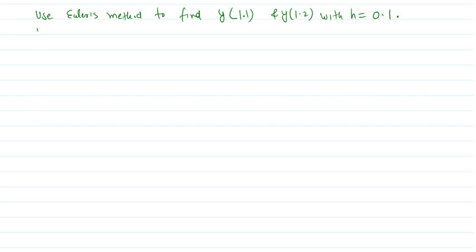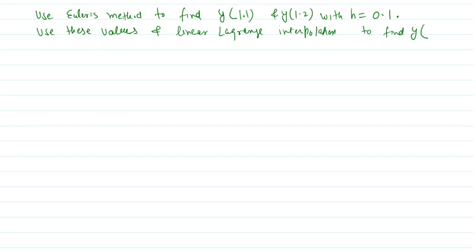Then it says that use these values that you compute and linear Lagrange interpolation to find the solution at, let us say, 1.04. Okay, so firstly we solve it, then we will go to the second part.